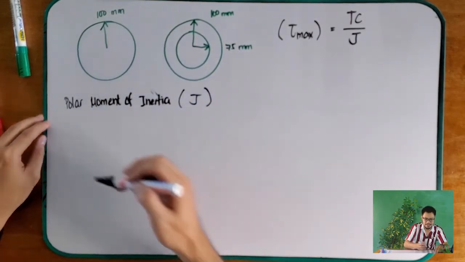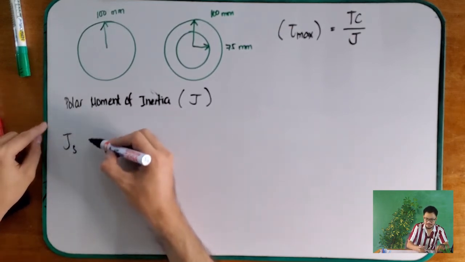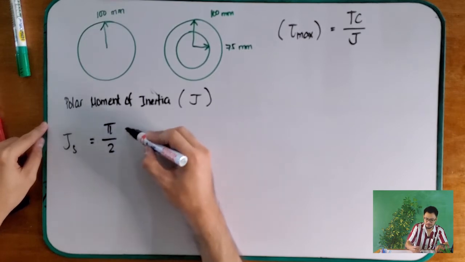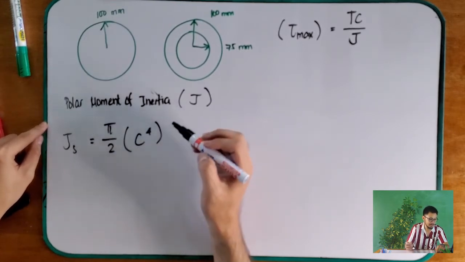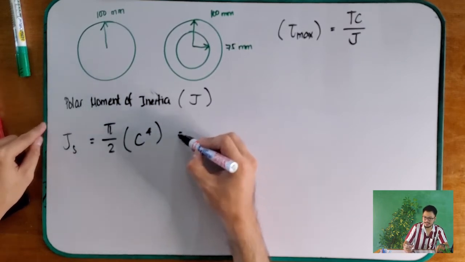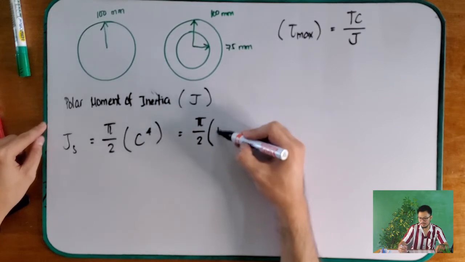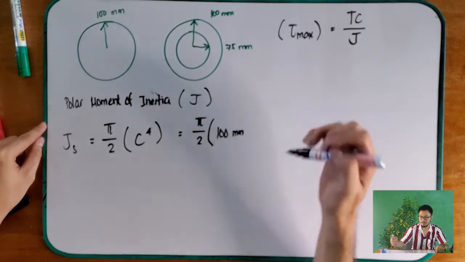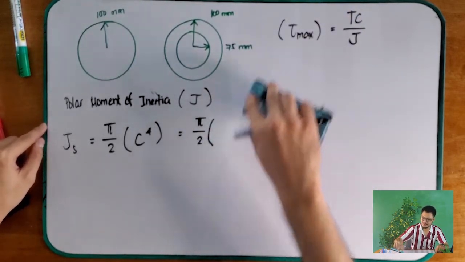Ato unahon na sa solid. J solid is equal to, unsa to? Pi over 2 C to the 4th. Sakto? So, unsa man ni siya? Pi over 2 times 100 millimeters. But, okay, let's make it meters.